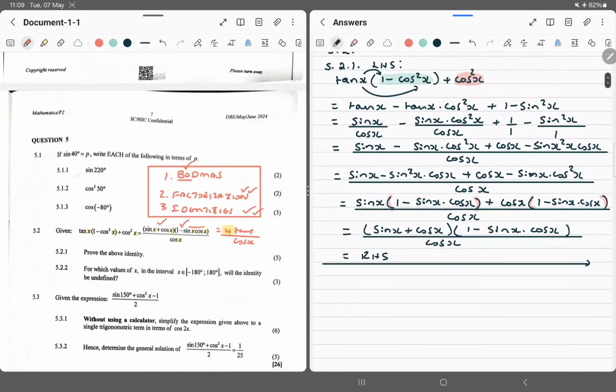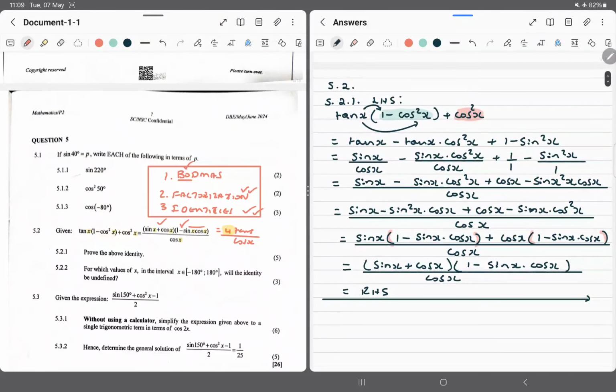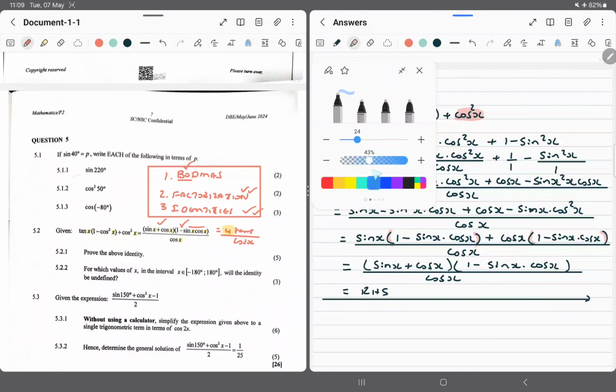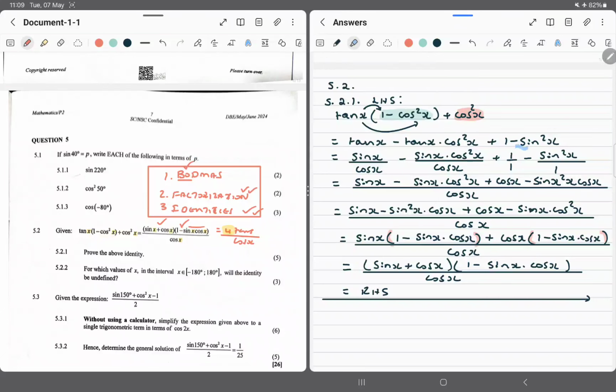Okay, so let's see, where are these marks? Basically, whenever we use any of these 3 steps, which is this part here. So this part, when we used our square identity to expand that into yet another bunch of terms, that's a mark. Great.